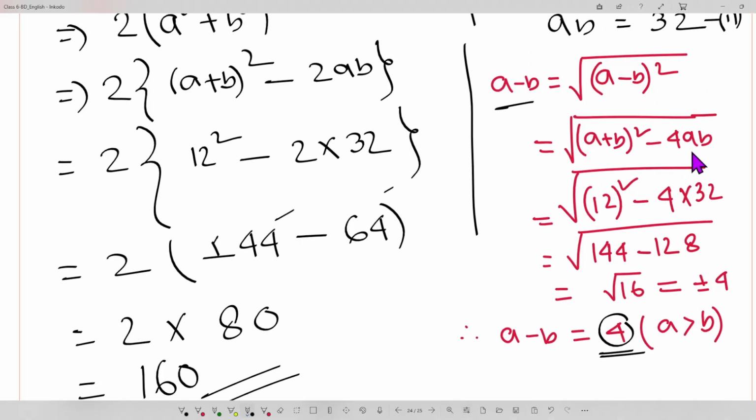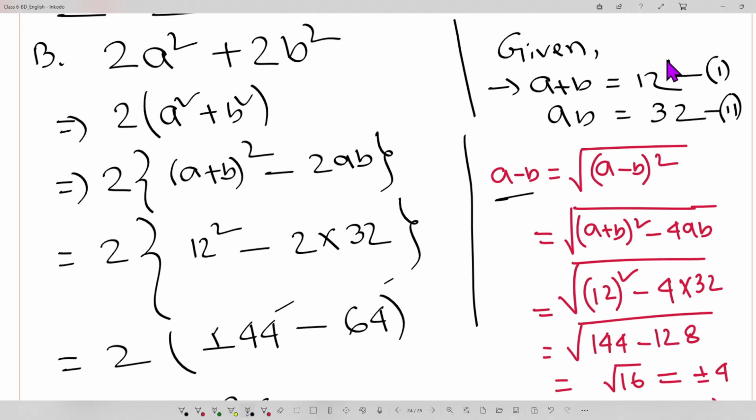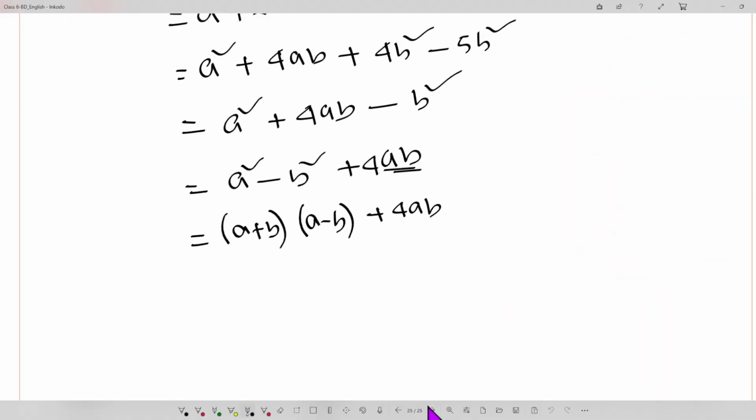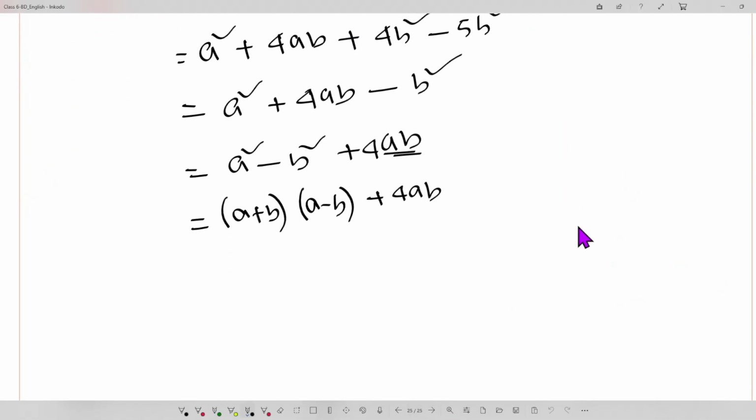So we have three things. First, a plus b equals 12, ab equals 32, and finally a minus b equals 4. So be careful about this one. Now we can put these values: a plus b is 12, times a minus b is 4, plus 4 times ab means 32.